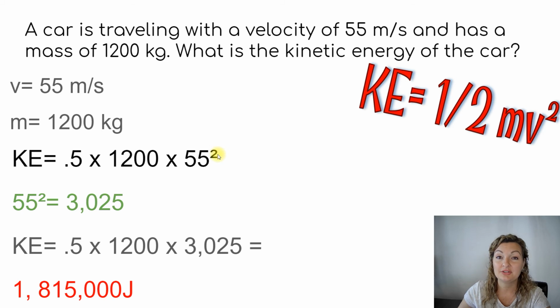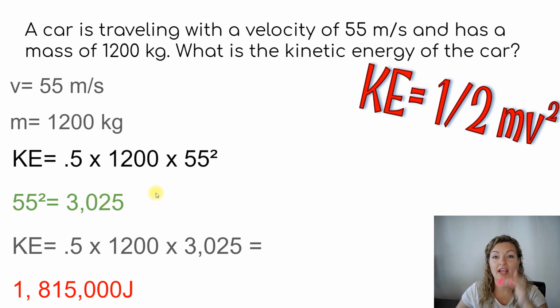Remember, order of operations, we do the square first, so 55 times 55, or 55 squared in your calculator, and you get 3,025.